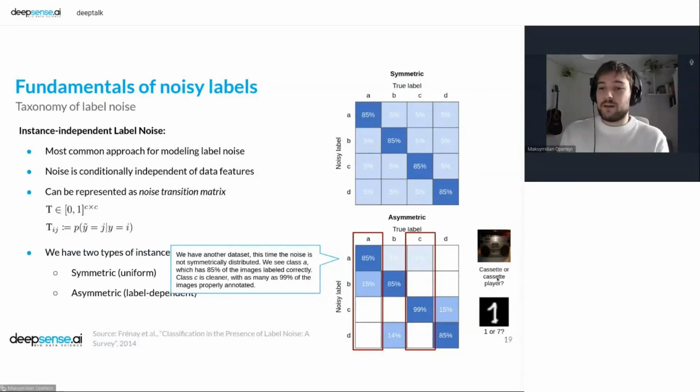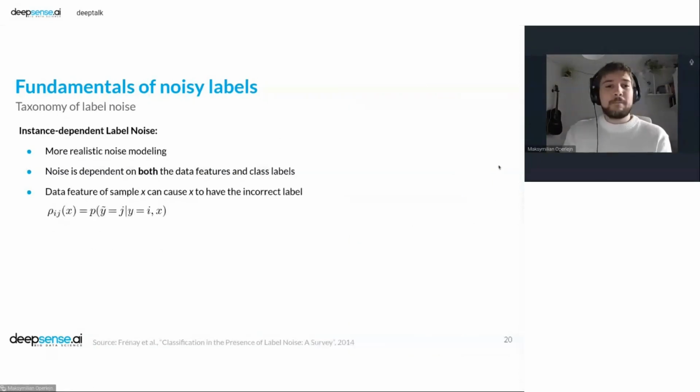Or here, for example, the real world scenario where people have some problems in ImageNet distinguishing the cassette from the cassette player. So there is a cassette inside, but still it's like two different classes and people misinterpreted it and labeled it differently. So this is the instance independent label noise.